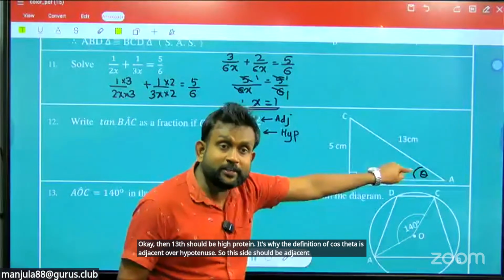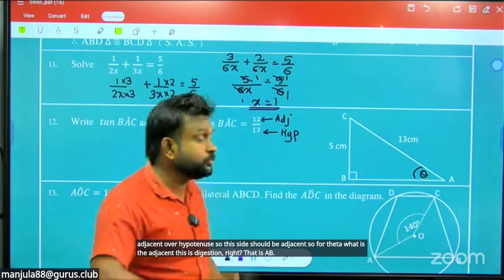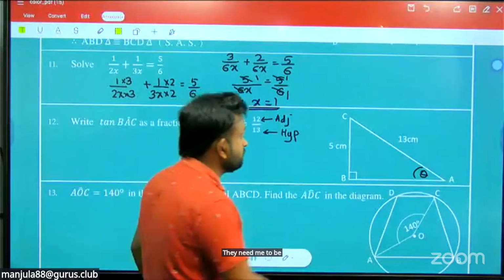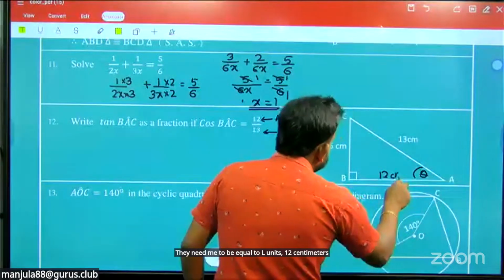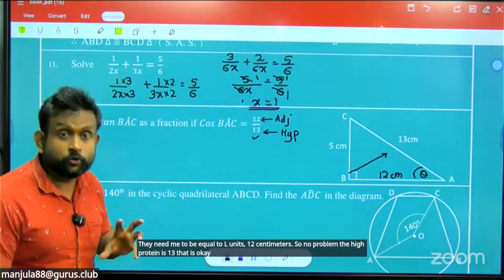For theta, the adjacent side is AB, so AB equals 12 centimeters. The hypotenuse 13 is okay, so now it is fulfilled.